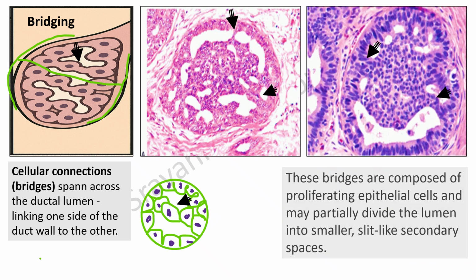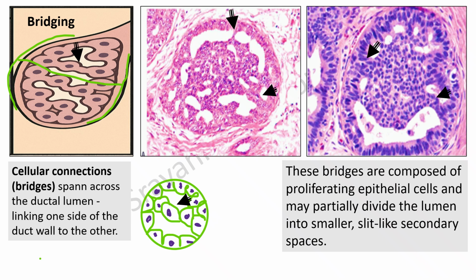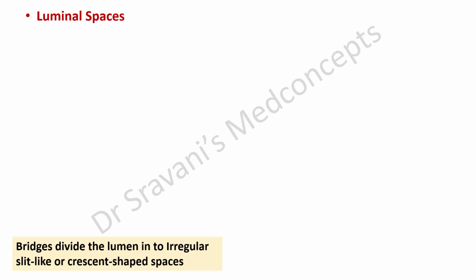Because of bridges, there is formation of lumina. These bridges are composed of proliferating epithelial cells and may partially divide the lumen into smaller slit-like secondary spaces. As I already told you, because of bridges, the lumen is divided into multiple secondary lumina, which are irregular, slit-like and crescent shaped.